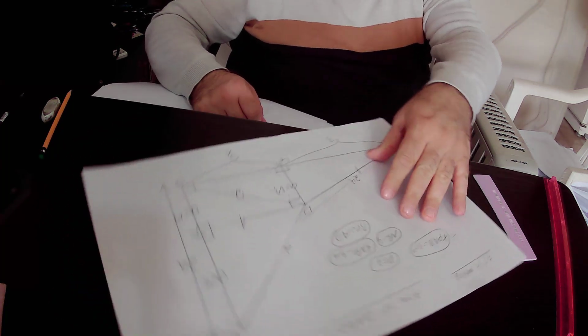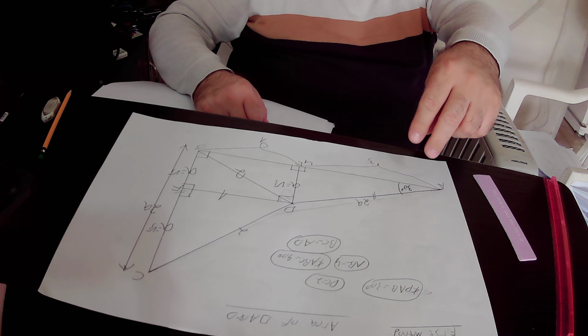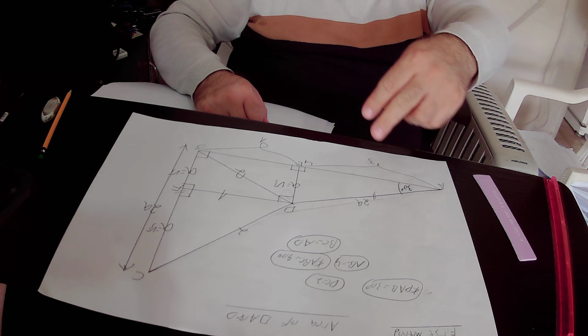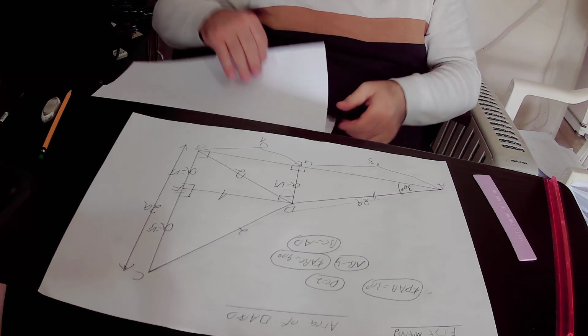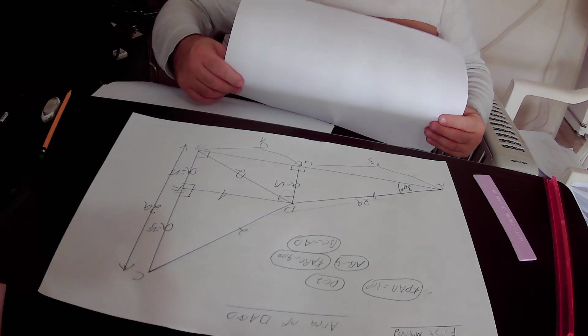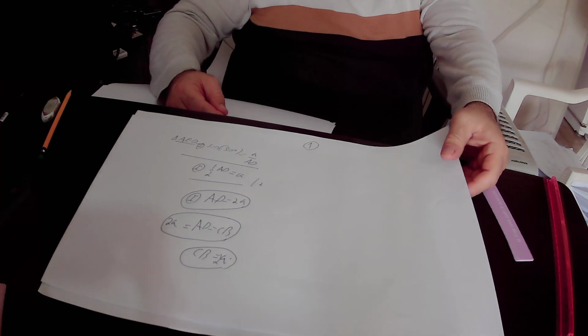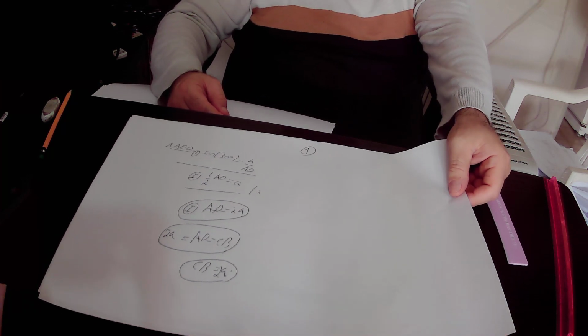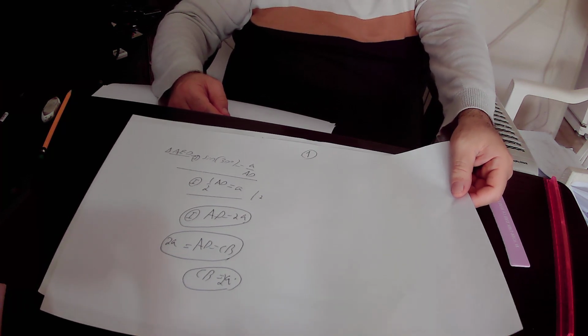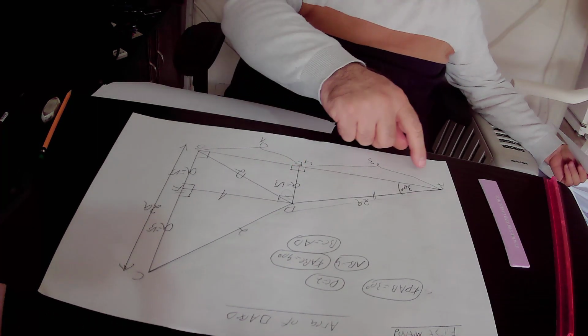And then, we have here triangle ADE, a right triangle. In triangle ADE, we know that sine 30 degrees equals A over AD.